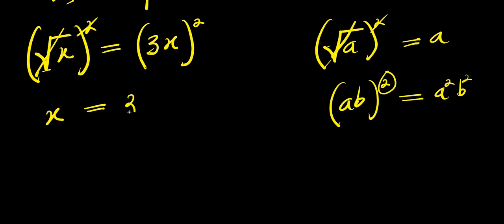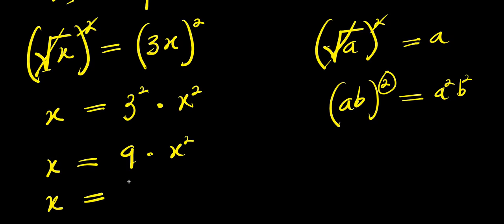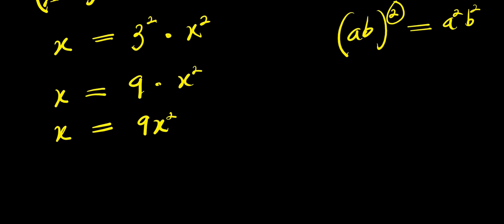So we have 3 power 2 times x power 2. So from here, I have x equals 3 power 2, that is 9, times x squared, that is 9x squared.